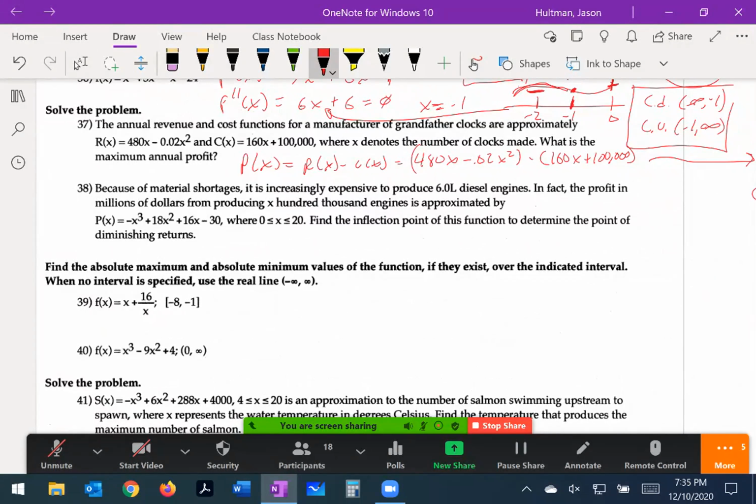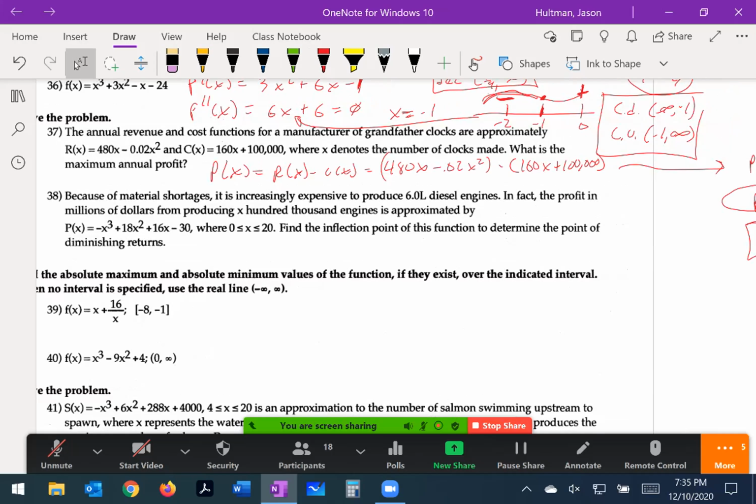Find the inflection point of this function to determine the point of diminishing returns. Okay, so I want to know where it is going to go from being profitable to not being profitable, I guess. Okay, so find the inflection point of this function. When does it go from concave up to concave down?